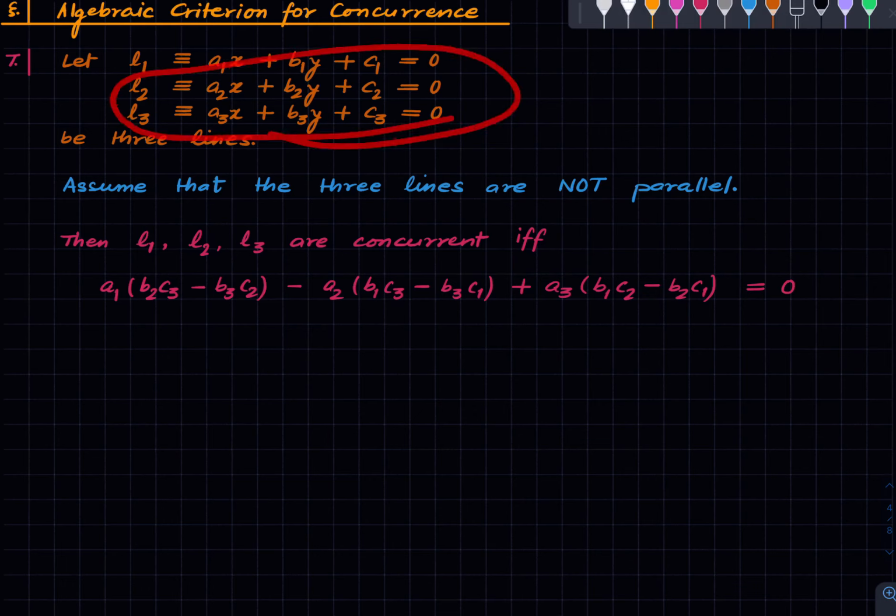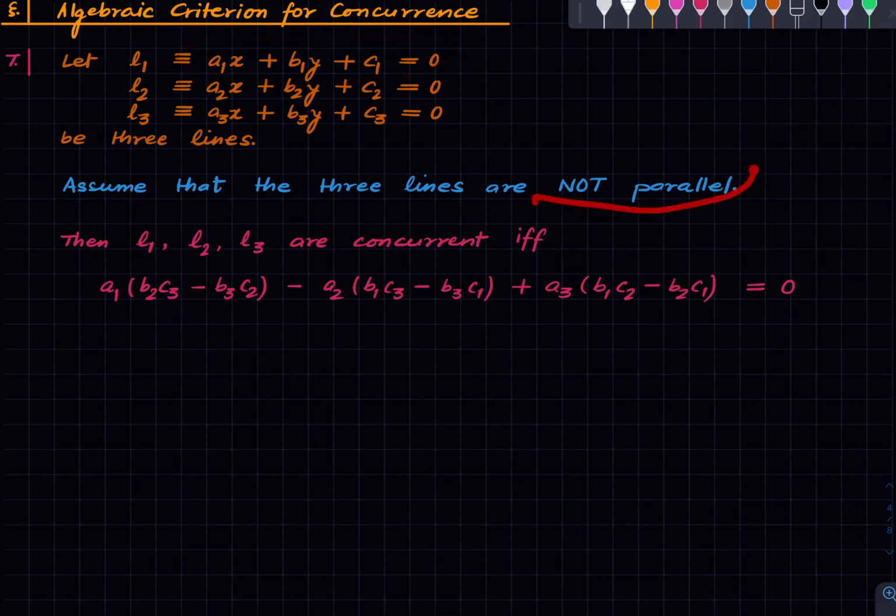So suppose we have 3 lines, L1, L2, L3, whose equations are these, and inherent in this expression is that not both of A1 and B1 are 0. Similarly for A2 and B2, and similarly for A3 and B3. So that these are indeed lines. Okay, and assume that these lines are not parallel. So if all 3 of them were parallel, then that's sort of a degenerate case.